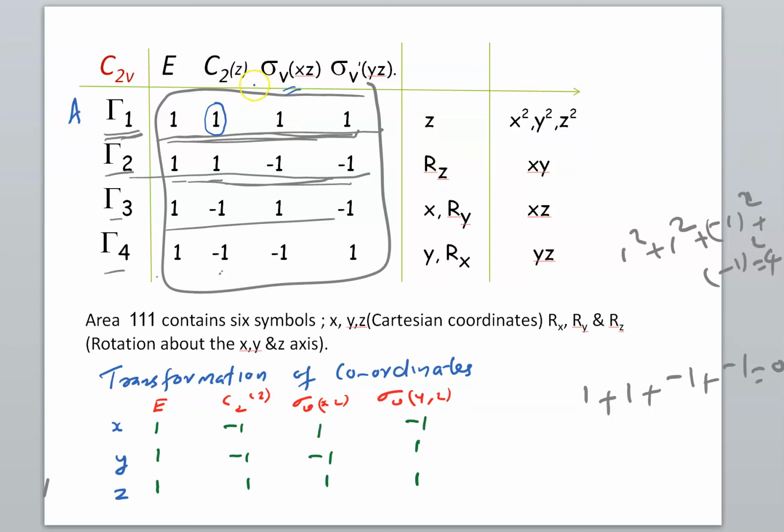There is no other subsidiary axis, therefore we are considering the vertical plane. The vertical plane character is 1, therefore it is symmetric to the first vertical plane, therefore it is A1. That is, gamma 1 is A1.